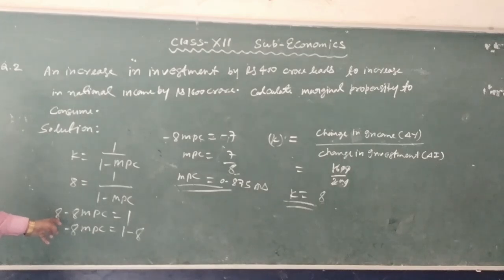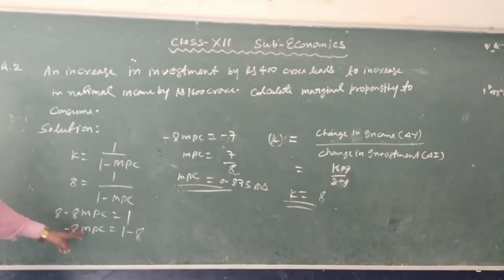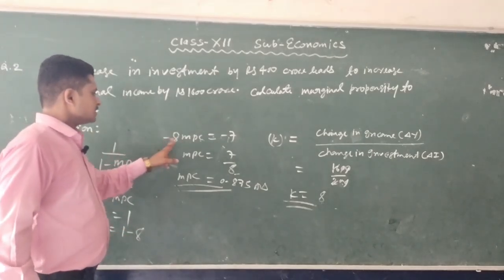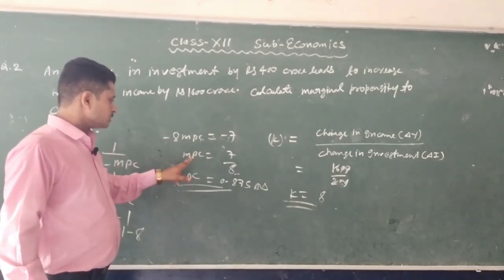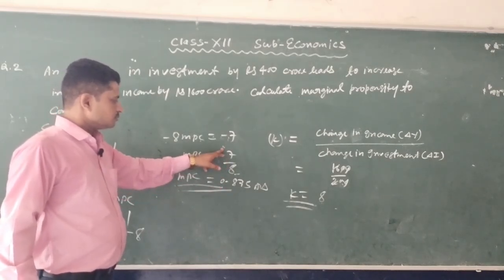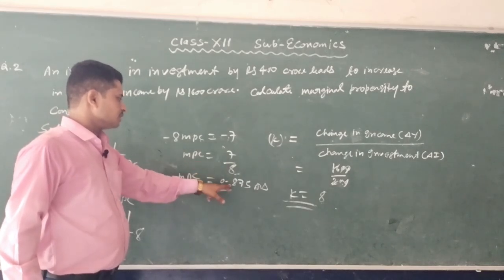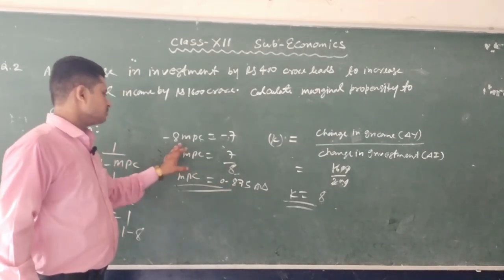We transpose the 8 to the left hand side. So minus 8 MPC equals 1 minus 8, equals minus 7. The value of MPC is equal to 7 upon 8. When we divide 7 by 8, we get 0.875. This is the value of MPC.